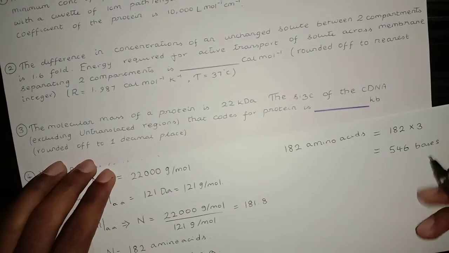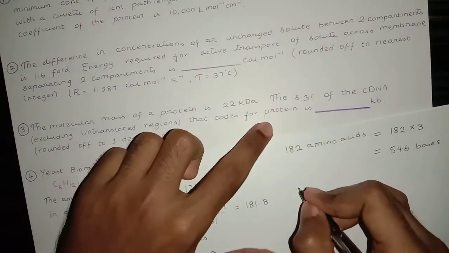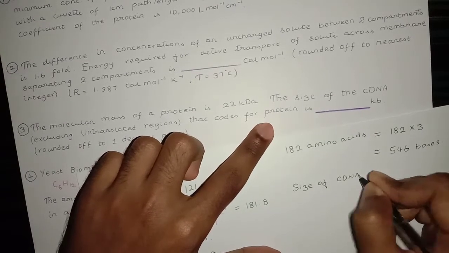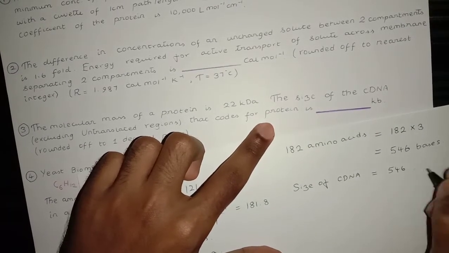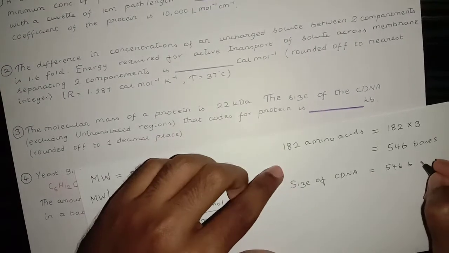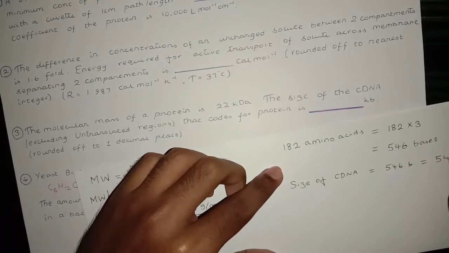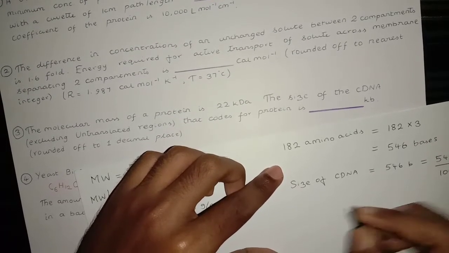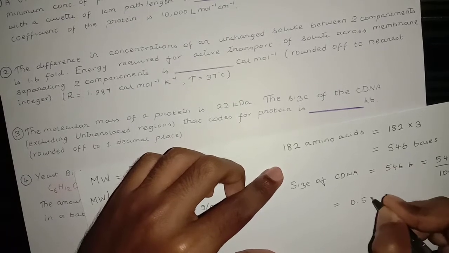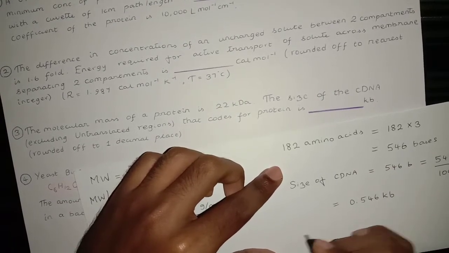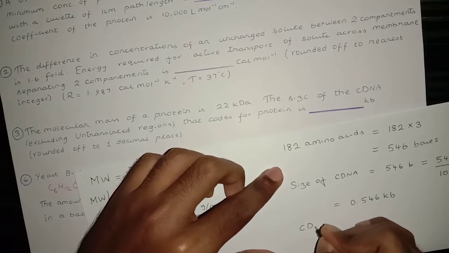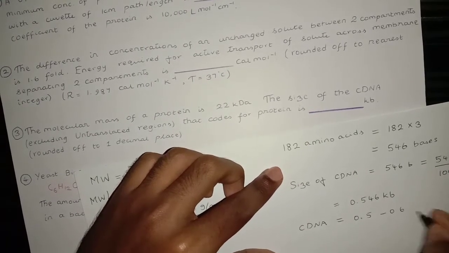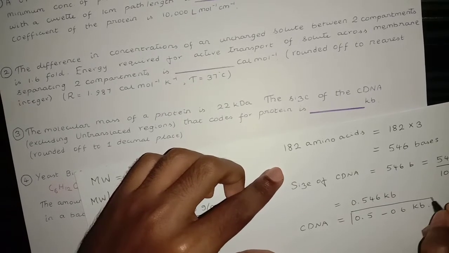So the size of cDNA must be at least 546 bases or B. So it's in kb, means 546 base pair divided by 1000, that is 0.546 kb. So approximately the cDNA has to be 0.5 to 0.6 kb in length.